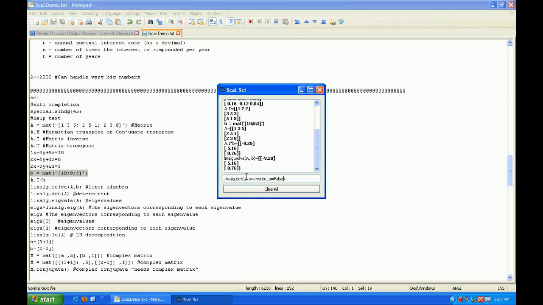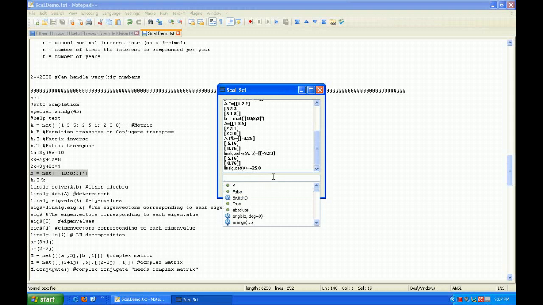You can also calculate the determinant of a matrix. So here is the determinant of that matrix, minus 25. And again, we can calculate eigenvalues.